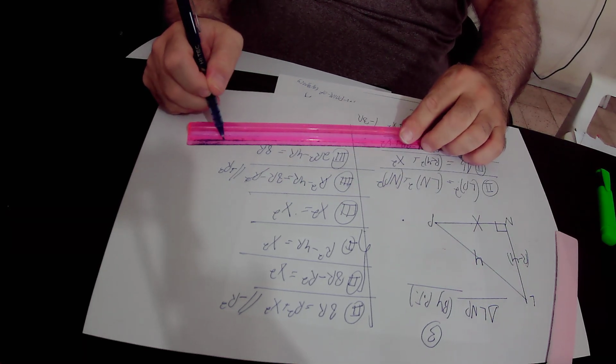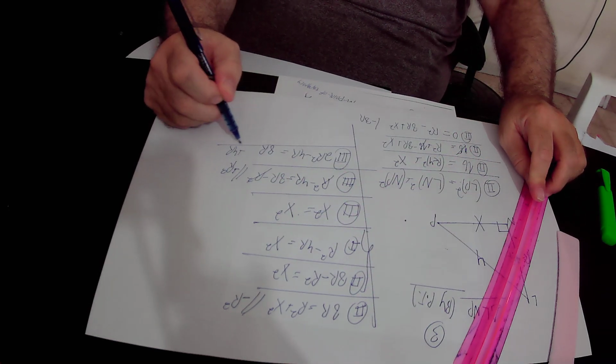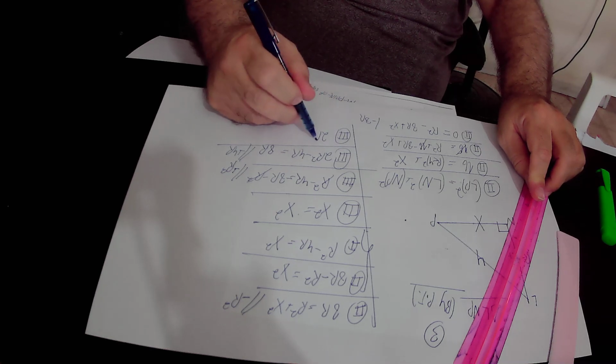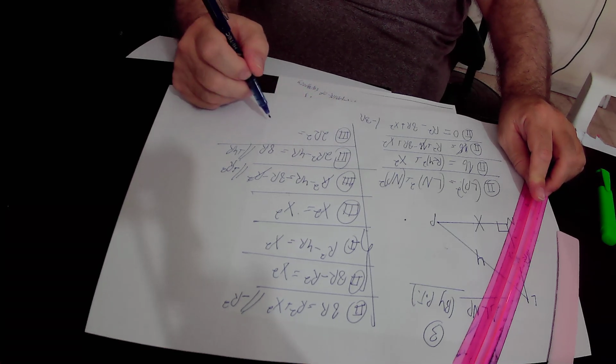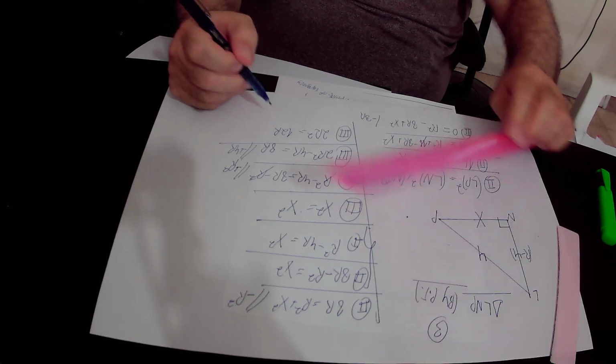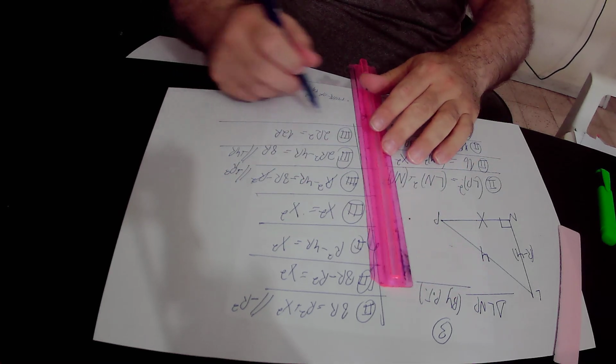So here we will add 4r to this equation, equation number 3, and we'll get that according to equation number 3, 2r squared equals 8r plus 4r is 12r. So in conclusion, we found out that according to equation number 3, 2r squared equals 12r.